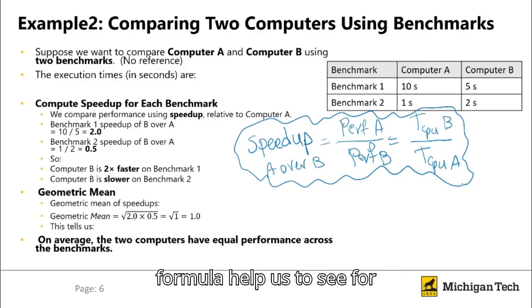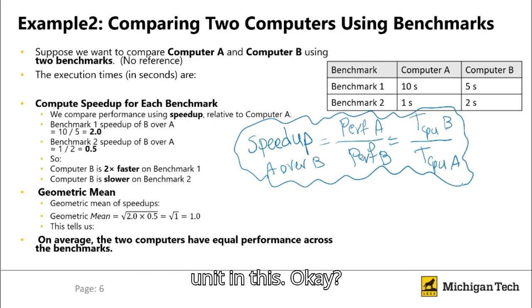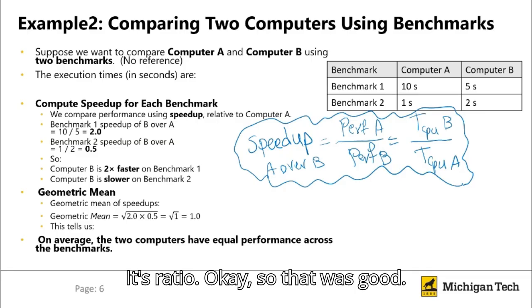That formula helps us see which one is faster for each benchmark, and we take the average. How do we average? Geometric mean, because they are not normal numbers. There is no unit in this. It's a ratio.